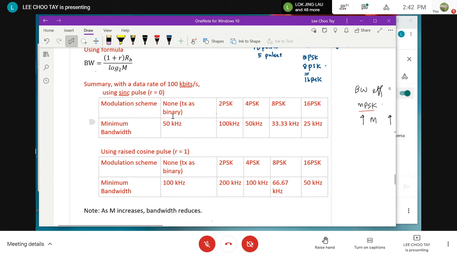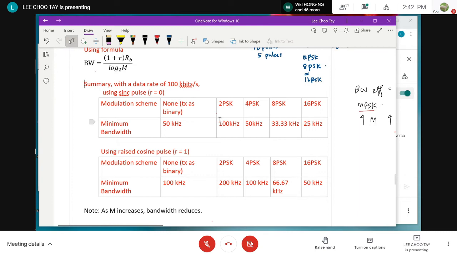Then if I were to use 2PSK modulation, I will need twice the bandwidth, because this one has no modulation, this one is modulation. 2PSK modulation is like multiplying the baseband signal with the carrier. The moment you multiply with the carrier, you actually double the bandwidth requirement already, just like our double sideband suppressed carrier signal.